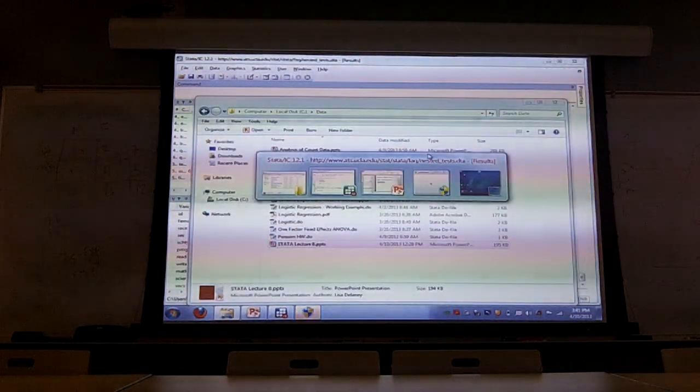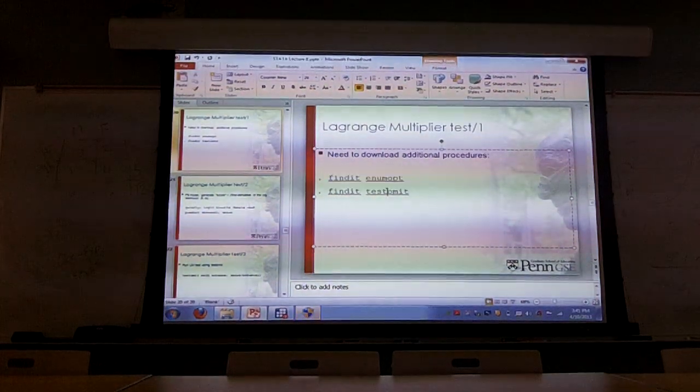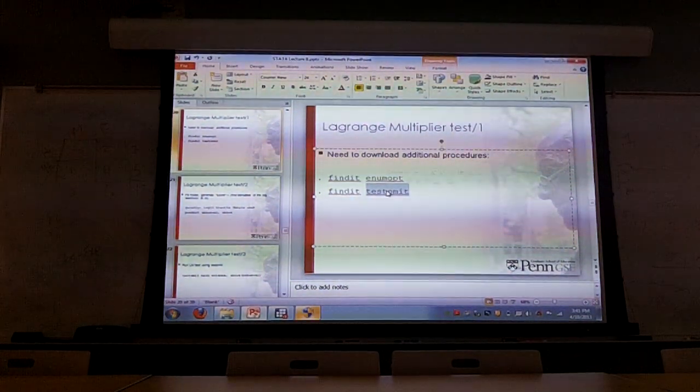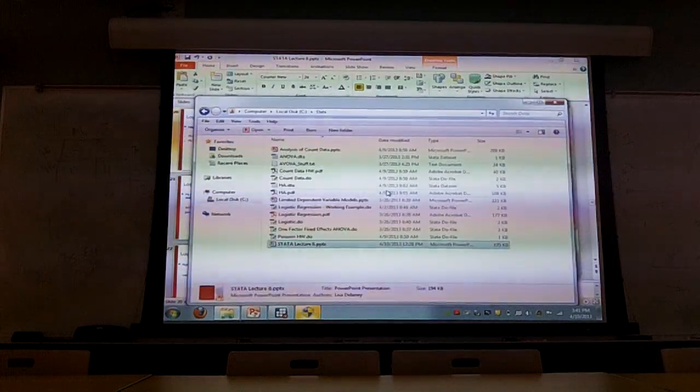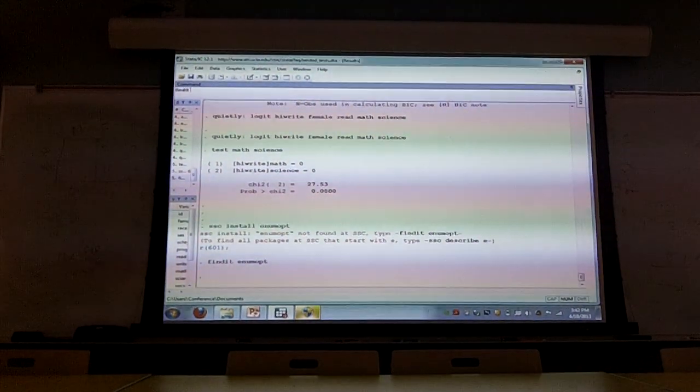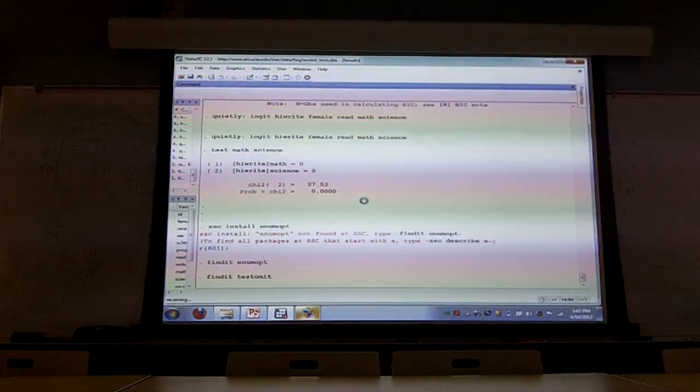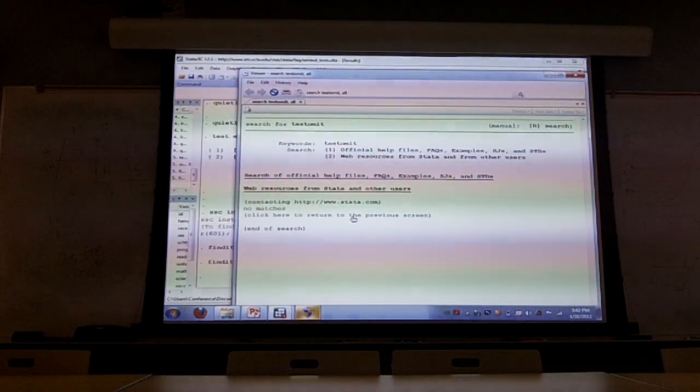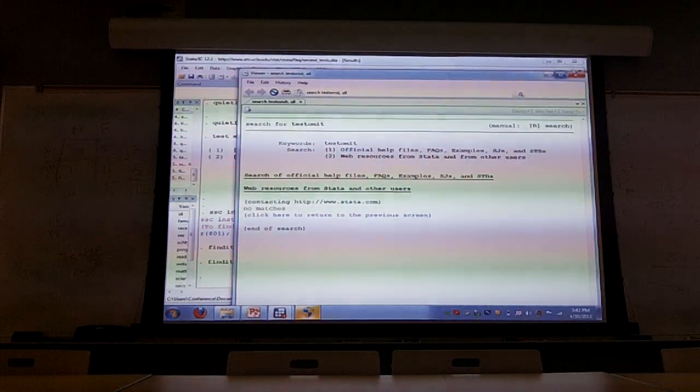Then another file I want to grab is called test omit. I'll do the same thing here. Oop, no matches with that.